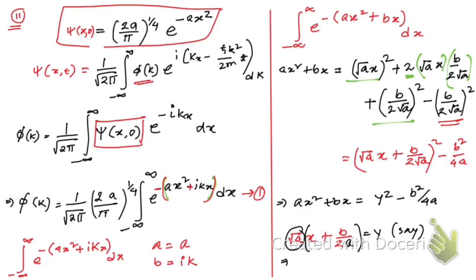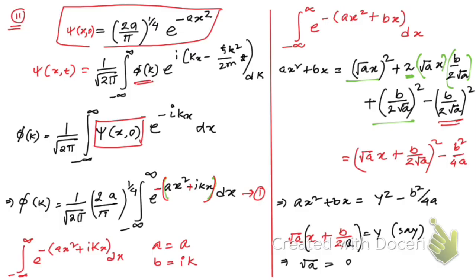Because when you multiply root a here, then root a cancels a to give root a, then you will get this term, right? Hope you have understood this. Okay, so we can write y is equal to this way. Now if we differentiate both sides with respect to x, then we're going to have root a, and this is not a function of x, this is constant, so that's going to be 0.